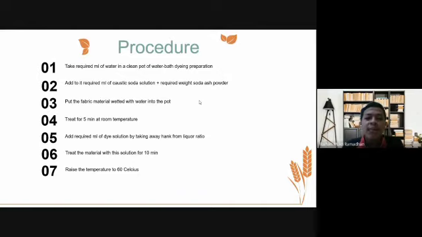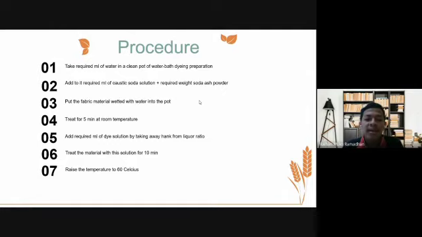Third, put the fabric material with water into the pot. Fourth, treat for 5 minutes at room temperature. Fifth, add the required ml of dye solution, taking away the amount from the liquid ratio. Sixth, treat the material with this solution for 10 minutes.